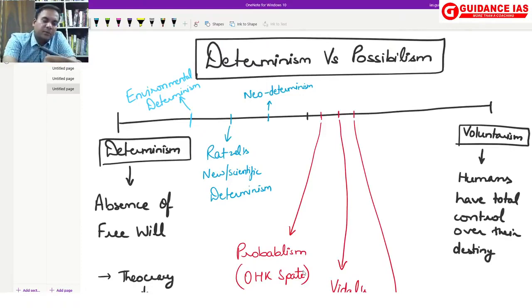But when it comes to the idea of possibilism which was given by Jean Brunhes, Lucien Febvre. So I'll put possibilism of Lucien Febvre here.